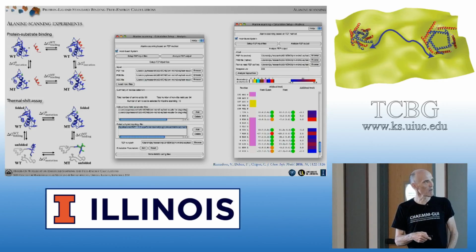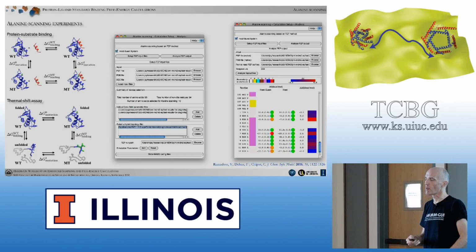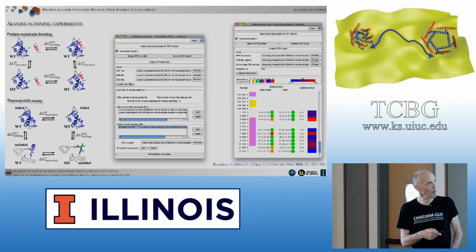And then on the right-hand side, we have this color bar that will tell you if the replacement by an alanine is favorable to stabilize the complex or unfavorable. So you see here, we're going from minus 2 kcal to plus 4.